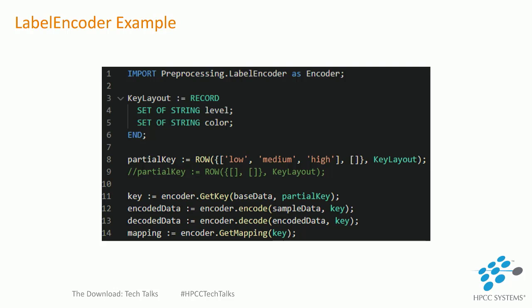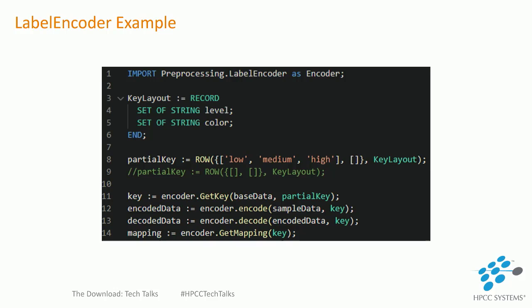It has a level and a color attribute, which basically means that those two are the categorical features in your data set. Then you will define the key. In this example, you can see that the programmer decided to set the categories himself for the level, but for the colors, he left it empty and used the GetKey function to extract the remaining categories for the color.